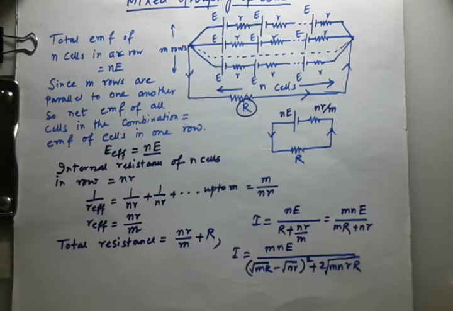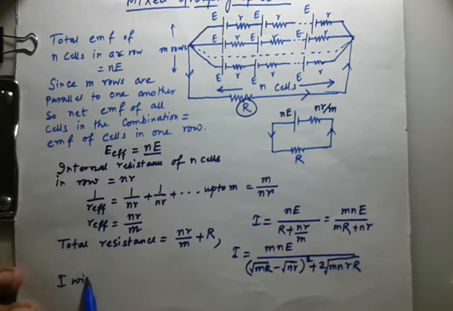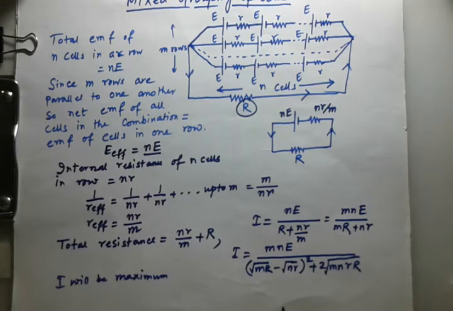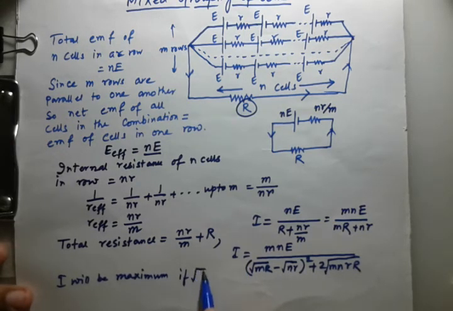Now the current in the circuit will be maximum, I will be maximum if root over mR is equal to root over nr.